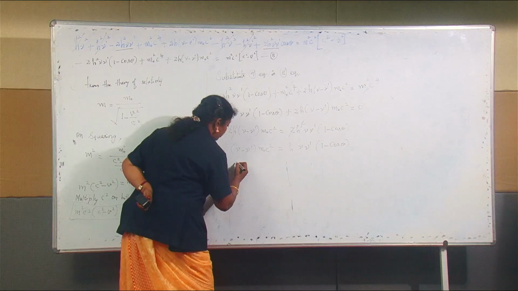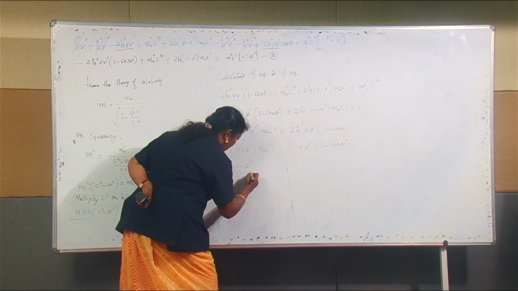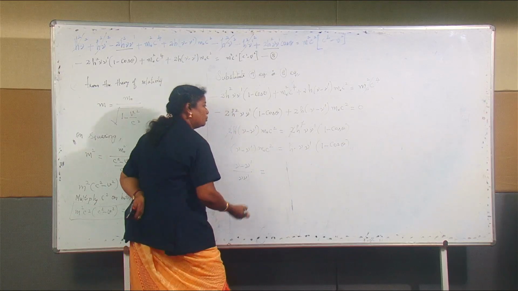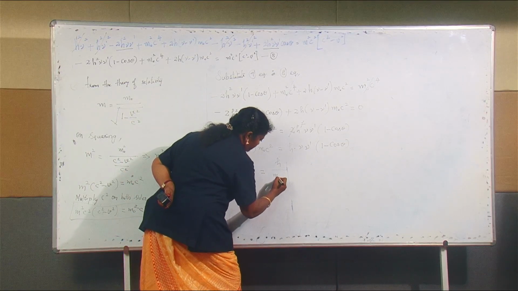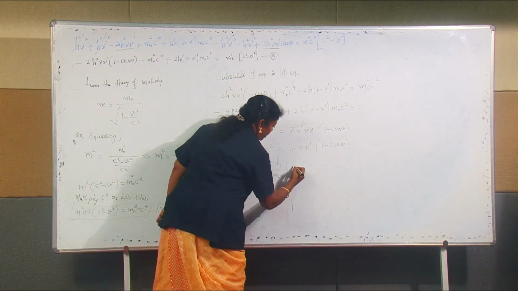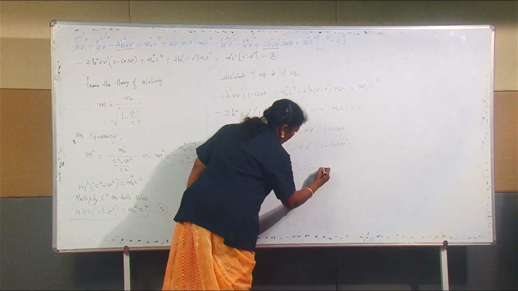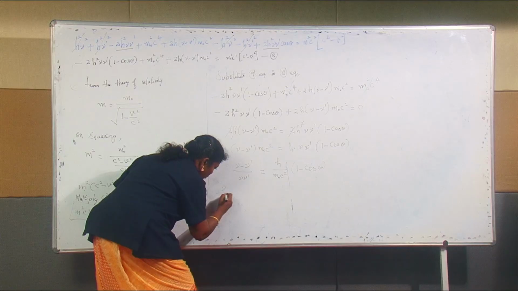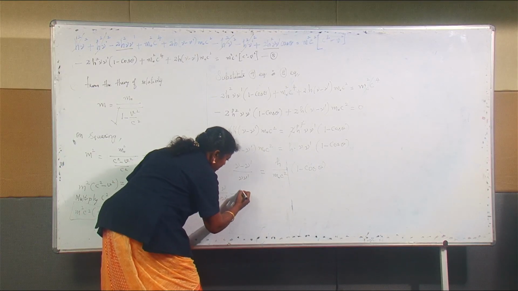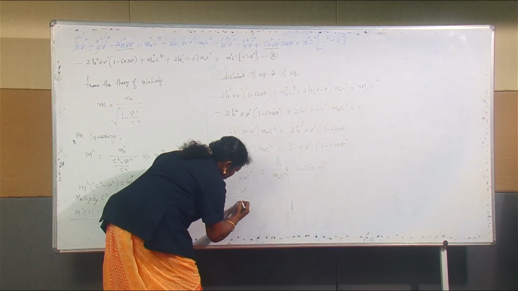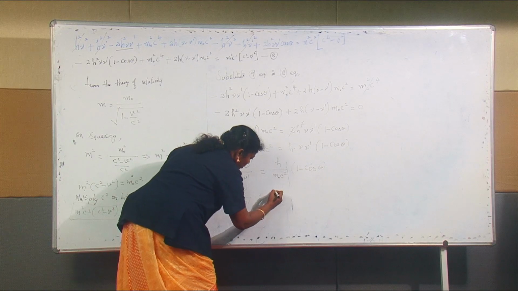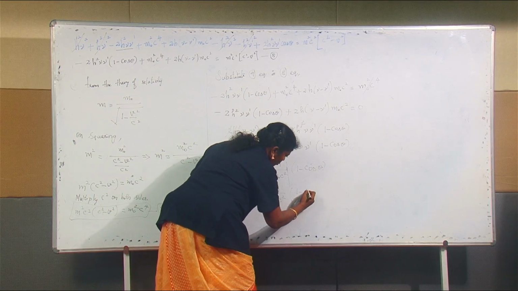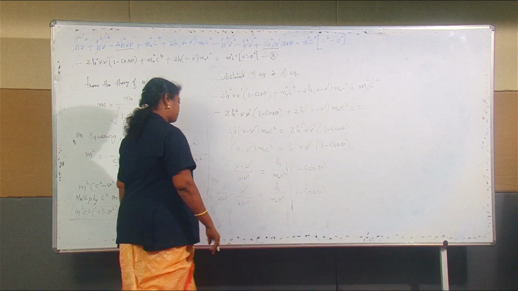Then we bring the frequency terms to one side and the remaining constants to the other side. Therefore, (nu minus nu dash) by nu dash is equal to h by m naught c squared into (1 minus cos theta). We can split this equation: nu by nu dash minus nu dash by nu dash is equal to the same term, h by m naught c squared (1 minus cos theta).